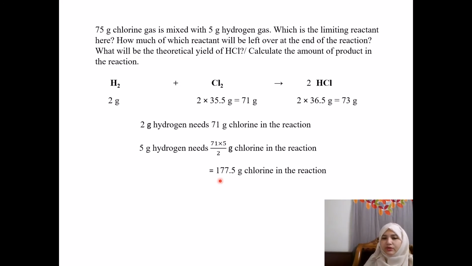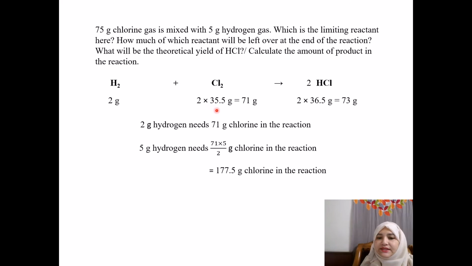We get the amount which is needed to react with 5 gram hydrogen gas to produce HCl. But here we can see we have only 75 gram chlorine gas, and to completely react with 5 gram hydrogen gas we need 177.5 gram chlorine.